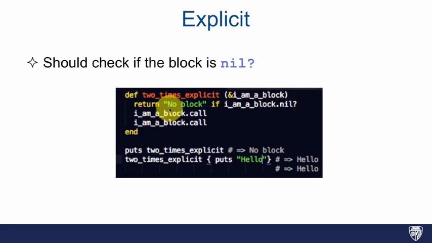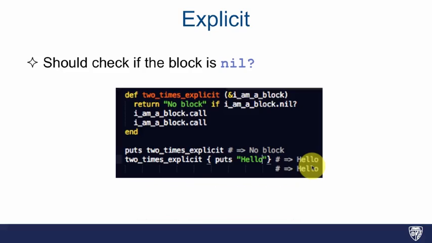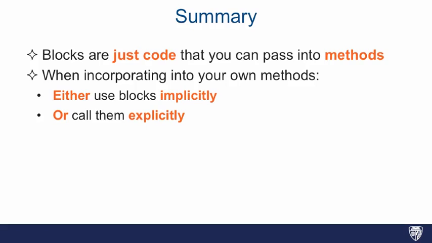If a block is not given, you return right away. Otherwise, you call the block, very similar to yielding to a block. So the explicit way is a little more direct. You are saying, I want to call the block, which basically does the same thing. It yields to the block, and it prints out hello 2 times. So these two ways are very similar, and it depends on taste how you want to use them.